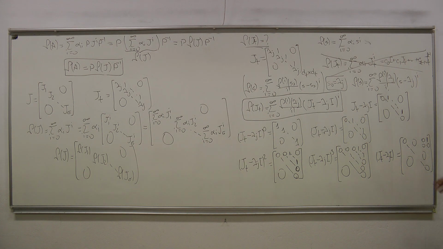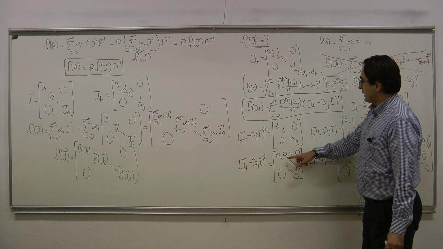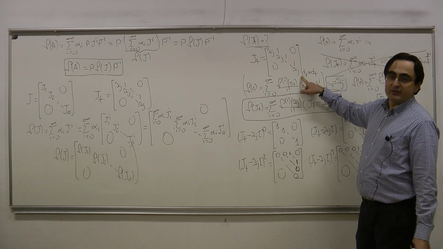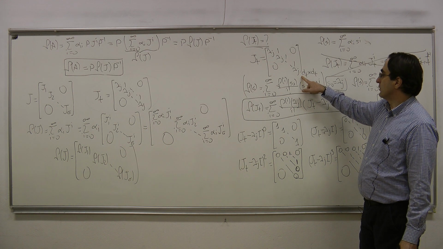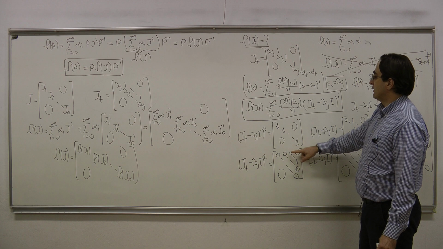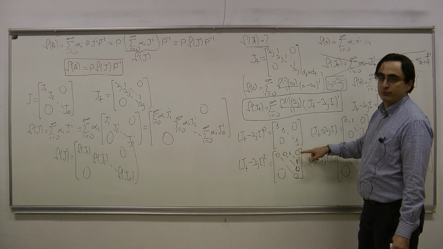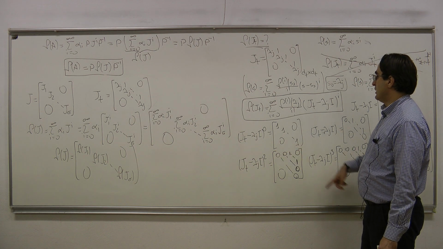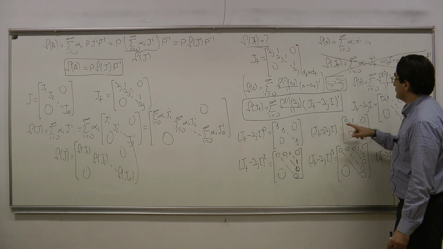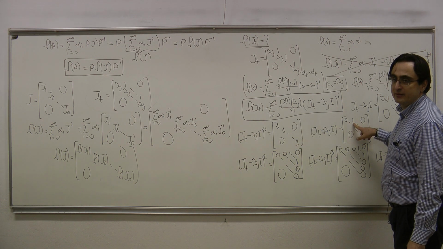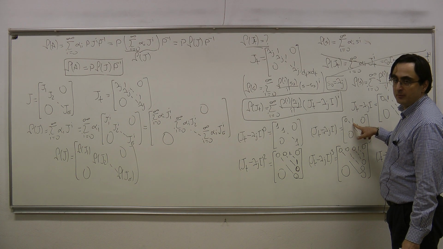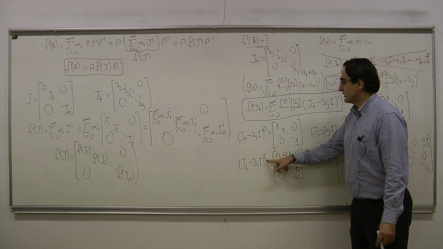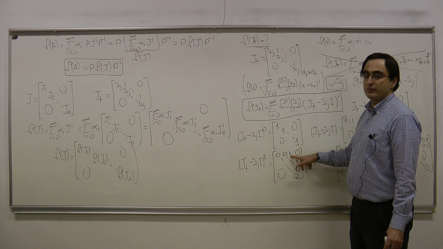Let me look at it here. The matrix is d_t by d_t, and therefore there are d_t elements in the first row. When I take the first power, this one is at the second element of this row. In the second power, this one is in the third element.